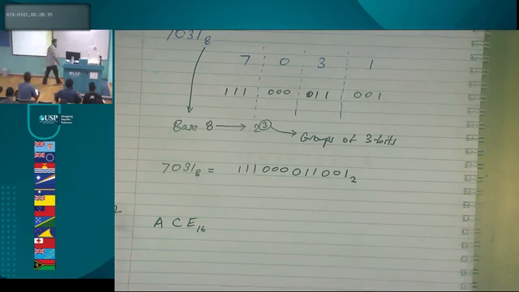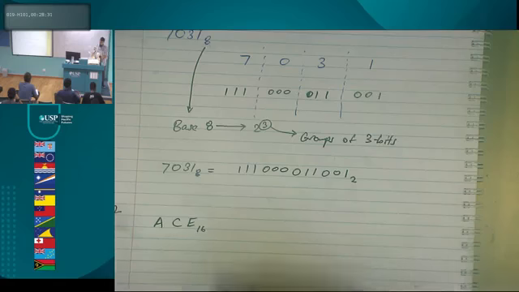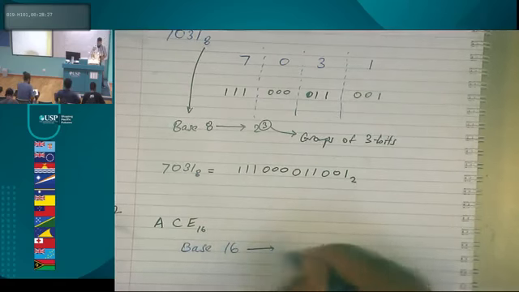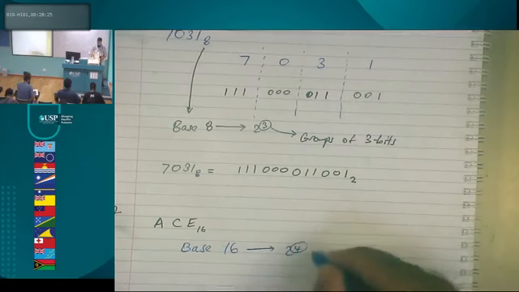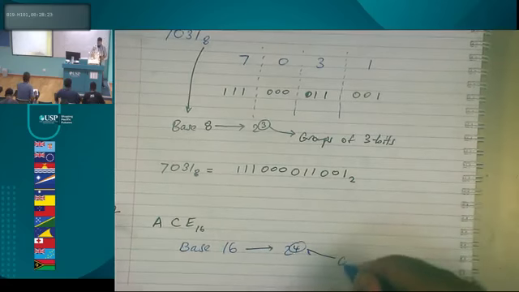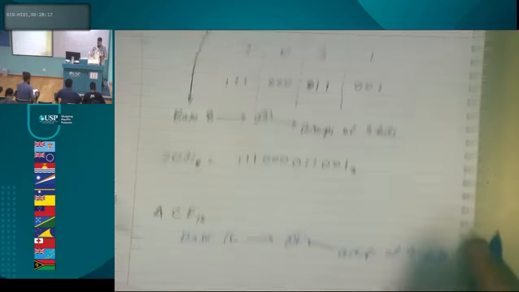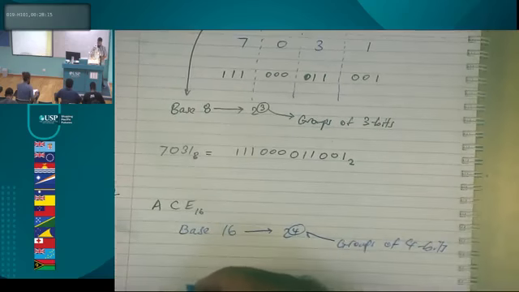Okay? All right. Now, ACE is in base 16. Now, base 16 is 2 to the power of 4. So we have groups of 4 bits. Okay. So you have ACE.